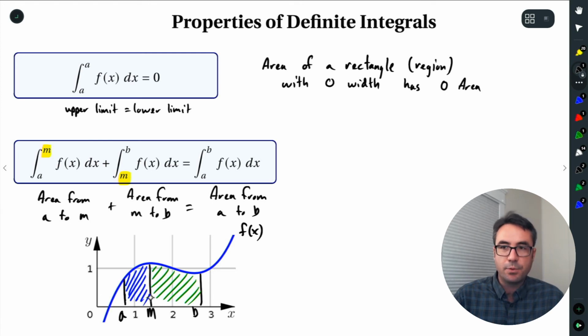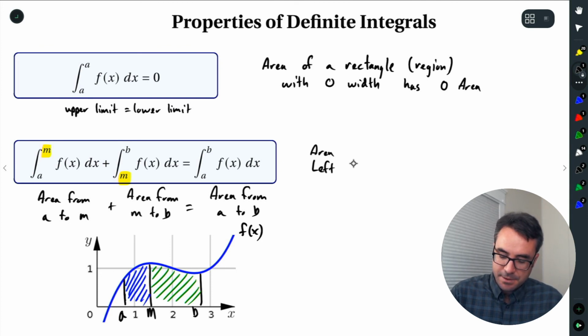So this breaking point in the middle, this little pause point, really doesn't affect the area calculation. Another way to think of it: the area on the left plus the area on the right is just equal to the entire area.